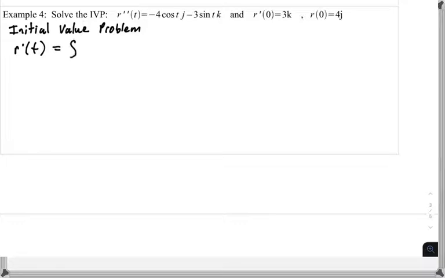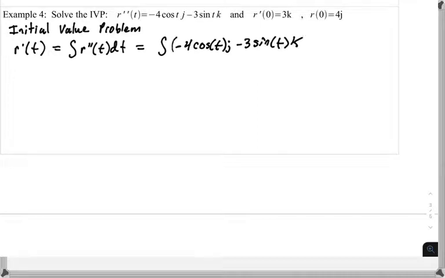So if we want to find the first derivative and we have the second derivative, we're going to integrate the second derivative to find the first derivative. So we're going to integrate negative 4 cosine t, and that's the j component, minus 3 sine of t, and that's the k component, dt.